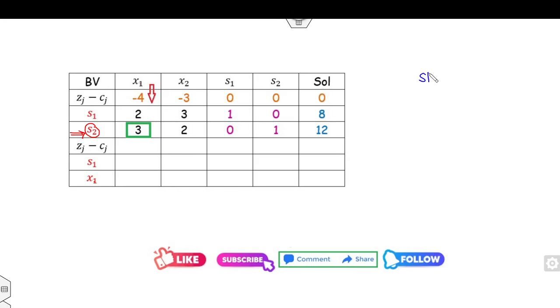Now I will tell you the shortcut tricks for how you can write the values. First of all, this will always be the identity matrix. Since there are two variables, the identity matrix is 1 0. So the first column is my s1, so you can write the first column as 1 0. The second column is my x1.